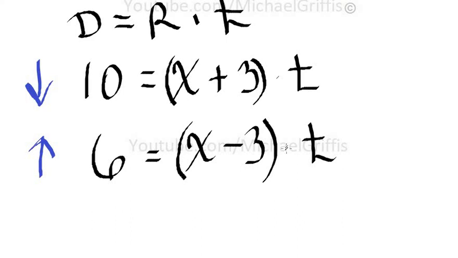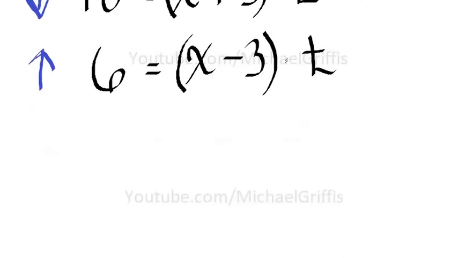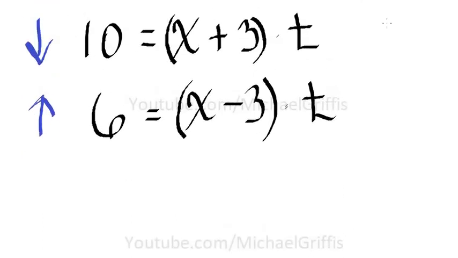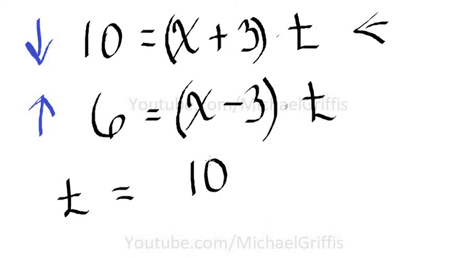So what we've got here, 2 equations, 2 unknowns, but we can set both of these equal to each other if we rewrite them. This one here can be rewritten as T is equal to 10 over x plus 3.